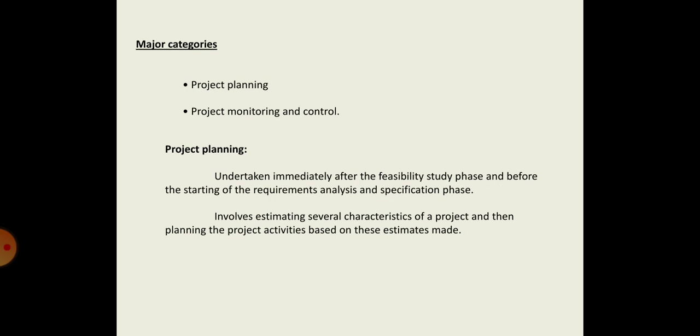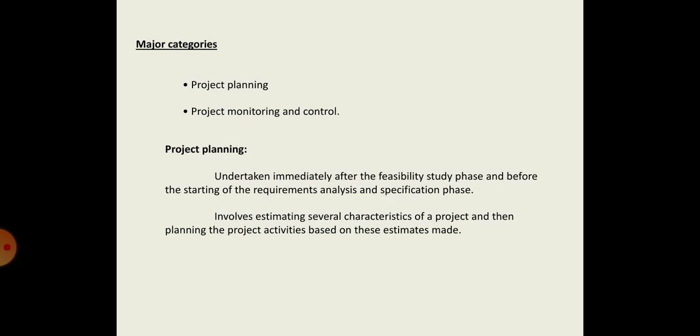So what is project planning? Project planning involves estimating several characteristics of the project. Estimation of a project is done in the project planning phase: estimating the characteristics of the project and then planning the overall project activities.